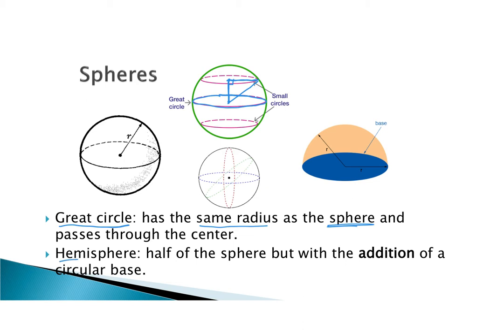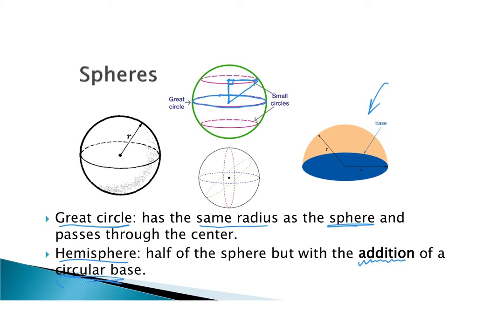Next, we have the hemisphere. Now the hemisphere, over here, as you can imagine, it's basically the sphere cut in half. However, you have to add a circular base. A hemisphere is still a 3D figure, and so it's enclosed. You can't have a hole at the bottom.